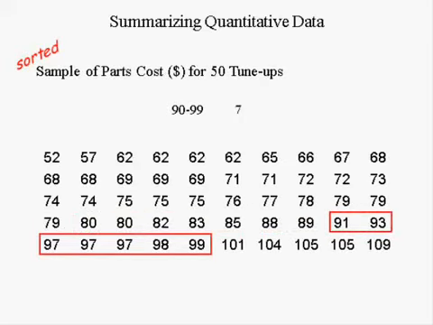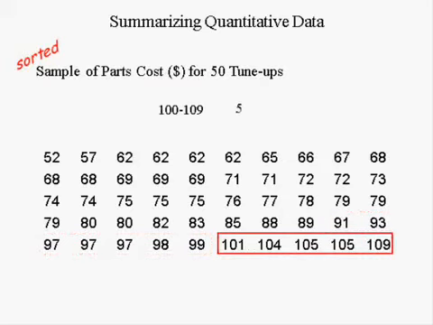The fifth interval, 90 to 99, contains 7 invoices. The frequency of this interval is 7. The sixth and final interval, 100 to 109, contains 5 invoices. The frequency of this interval is 5. Notice that the minimum of 52 and the maximum are in their respective intervals.